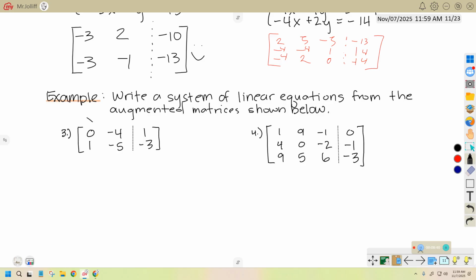This is my y column. What does the right side of the matrix represent? The constants, the answers on the right side. Good. So for this system, my first equation has 0x. Do I need to write an x down? No, that second equation is just -4y equals 1.